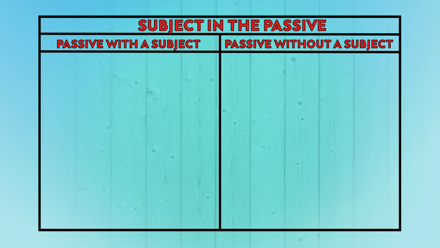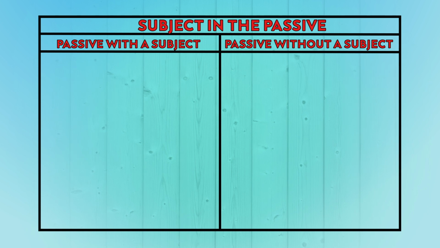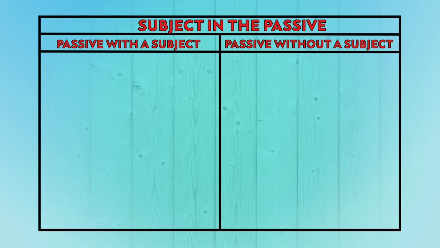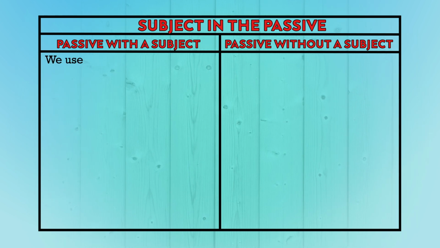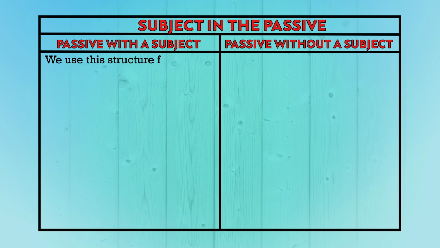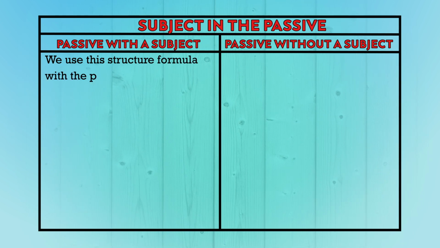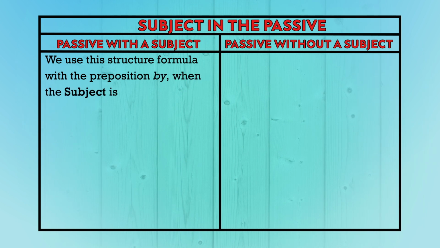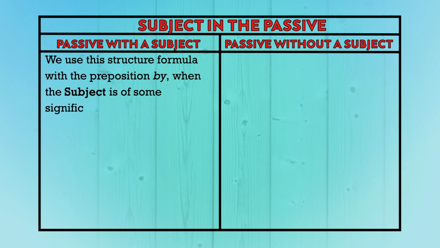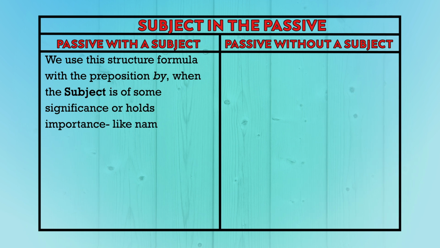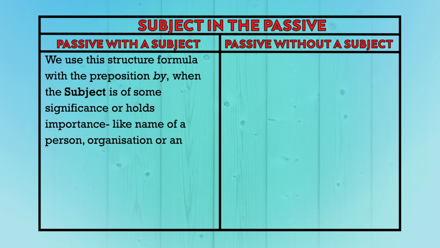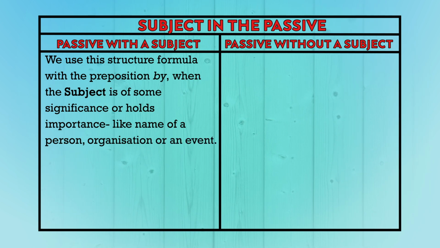Students, you should keep in mind when we use the subject in the passive form. Now, passive with the subject. We use this structure with the preposition by when the subject is of some significance or holds importance. That is, when the subject is of significance or is the name of a person, organization, or an event, then we cannot skip the subject.